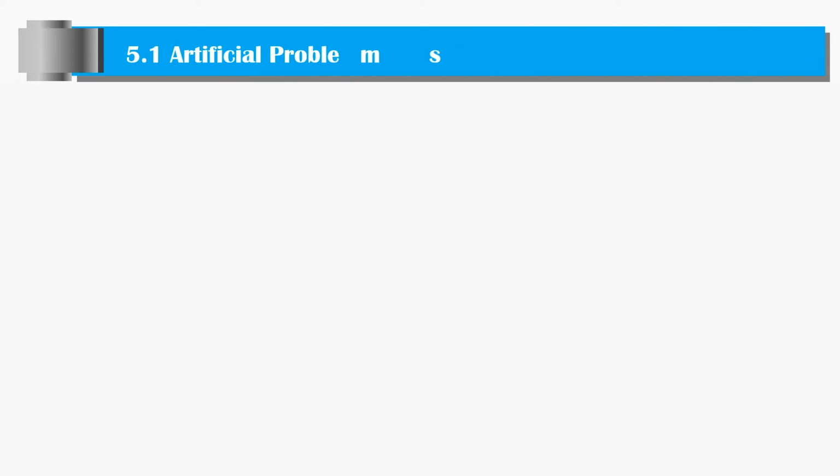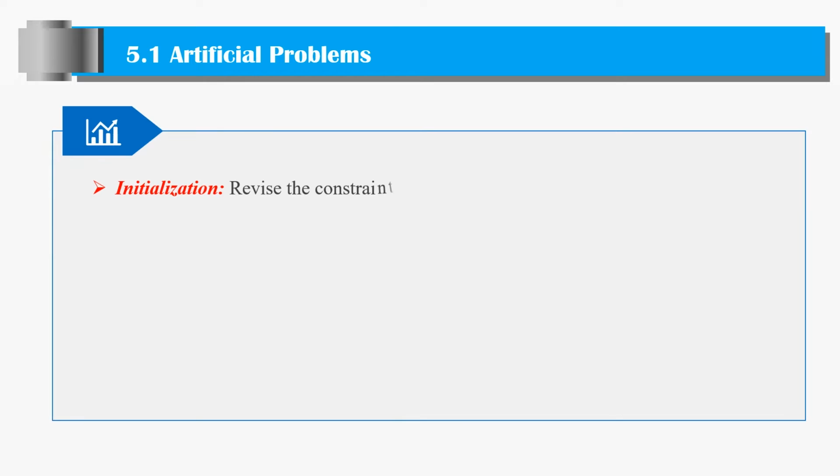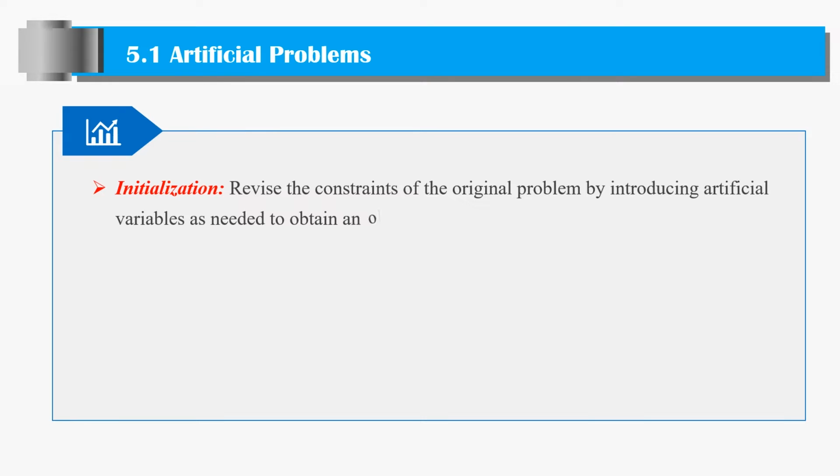So with this idea, we can talk about the basic process of the two-phase method. To initialize the two-phase method, we first revise the constraints of the original problem by introducing artificial variables as needed to obtain an obvious initial BF solution for the artificial problem.